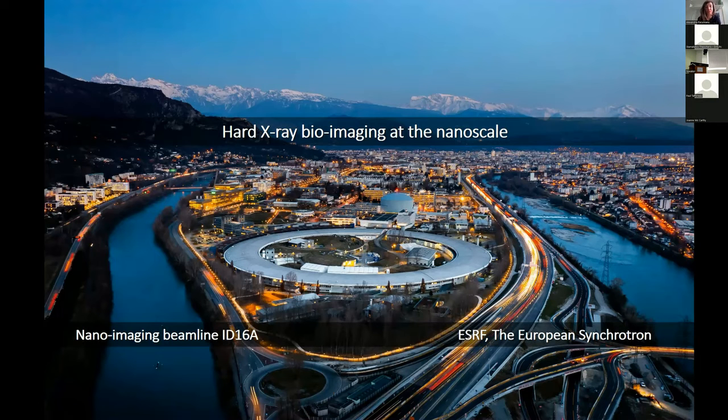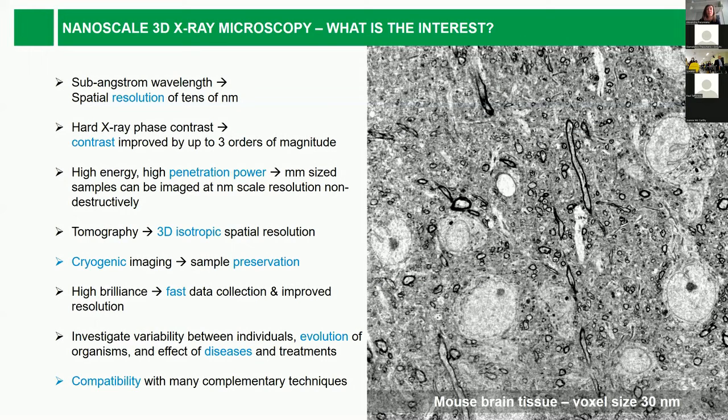Okay, so I'll try to give you an idea of the capabilities in terms of nano imaging for life sciences. And I'll show mainly applications from the beamline ID16A. So this comes quite naturally in continuation of micro-CT, moving to the finer scales.